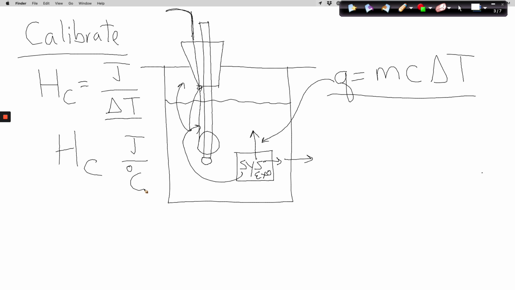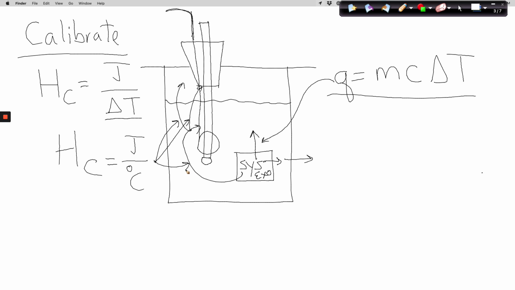And now here's what we can do. Once we know the heat capacity for the calorimeter, that allows us to track down all of the energy that's going into the calorimeter as other processes are taking place in there.